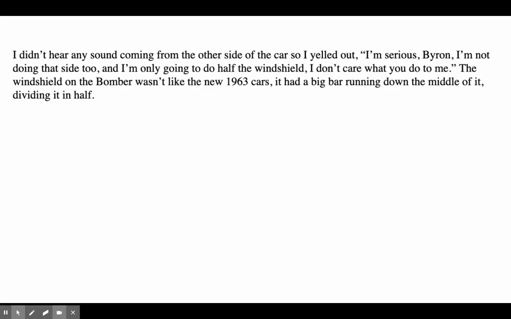I'm going to read this real quick, and it says, "I didn't hear any sound coming from the other sides of the car, so I yelled out, 'I'm serious, Byron. I'm not doing that side too, and I'm only going to do half of the windshield. I don't care what you do to me.' The windshield of the bomber wasn't like the new 1963 cars. It had a big bar running down the middle of it, dividing it in half."